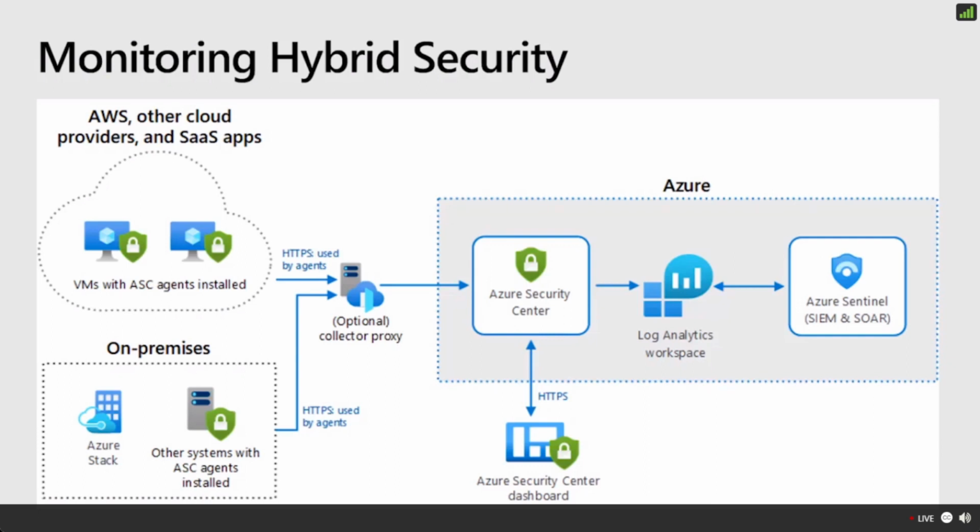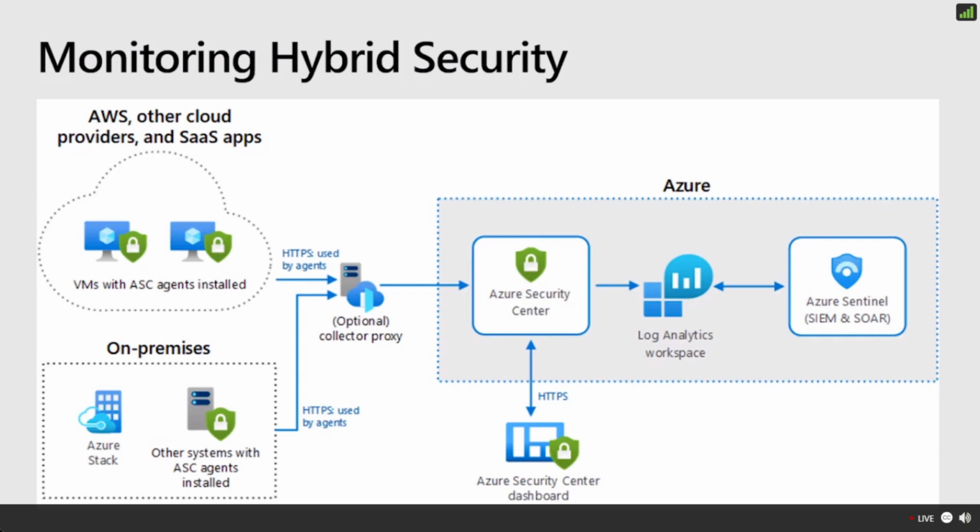So to have a quick look at how that could look in a more architectural way, you can see here on the left side, we have resources living outside of Azure. These can be on-premises systems running on your infrastructure, physical machines, or even Azure Stack as well.